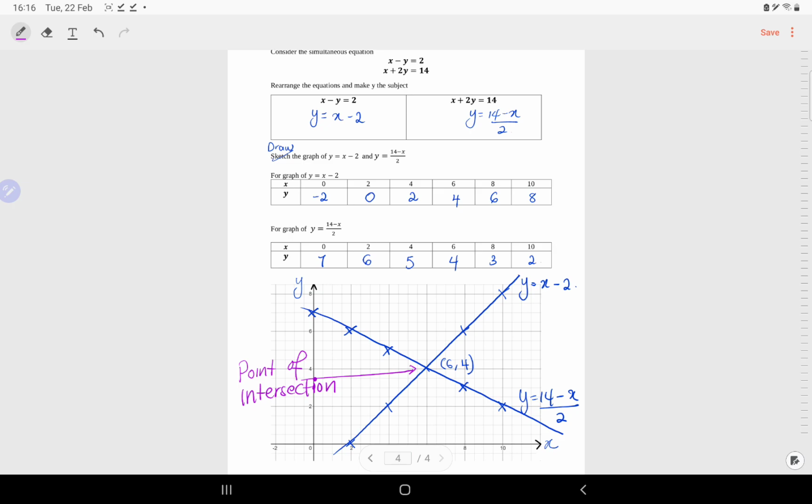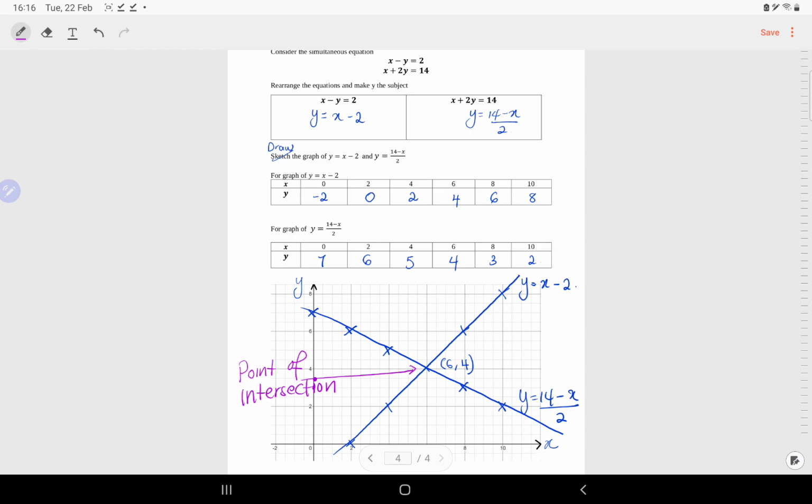We say that simultaneous equations can be solved using elimination and substitution. We'll cover substitution in a bit, but now I've also shown you another method: you can use a graph, and the solution is basically the point of intersection.